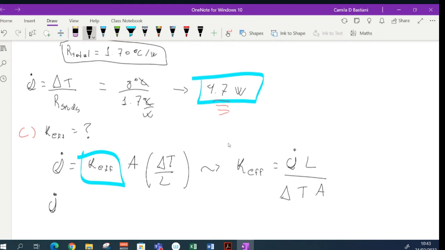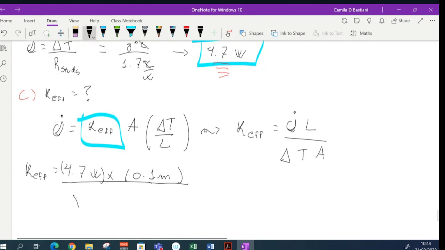My K effective. The Q, the 4.7 watts, multiplied by my L, that's the combined thickness of the two studs, 0.1 meters, divided by my delta T, we know that's the 8 degrees Celsius, multiplied by the area.